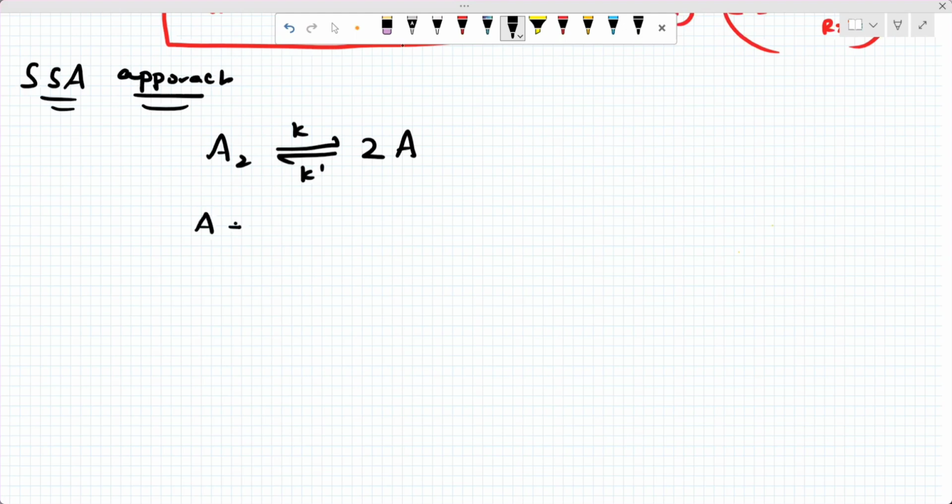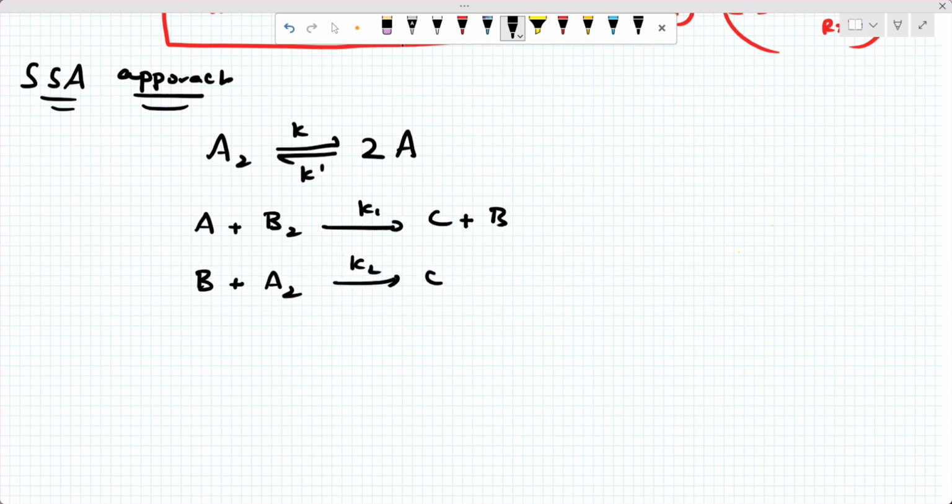Then A plus B2 gives C plus B with K1. Now B plus A2 gives C plus A with K2.